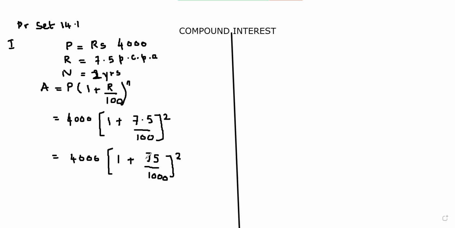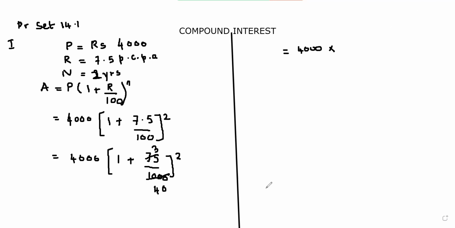Now, this is equal to 25 threes are 75, 25 40s are 1,000. Right. So what do I have here? So I get that is equal to 4,000 into 40 plus 3, correct?